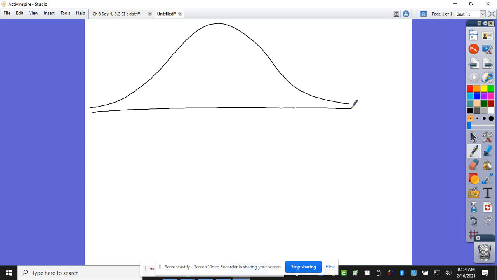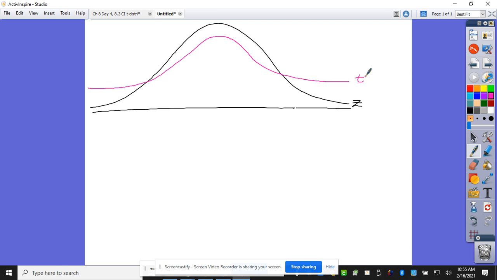Just draw a curve that looks like a z curve. Now, if you don't have another color, which is fine, use dashes. That is what a t looks like in relation to a z.